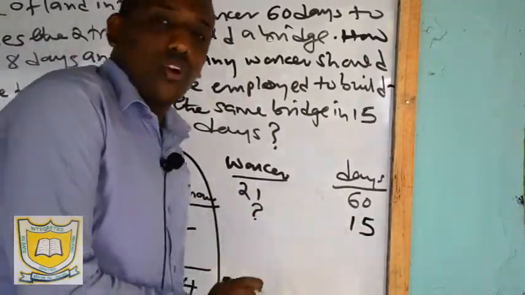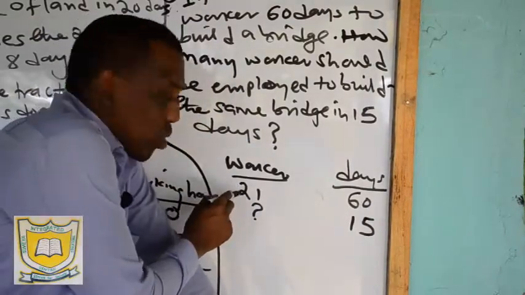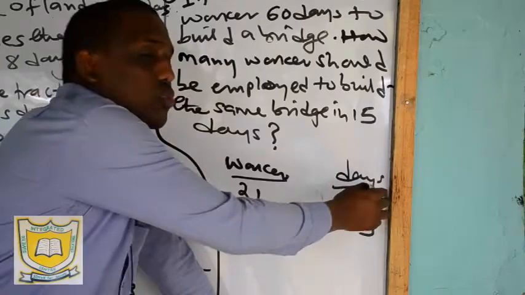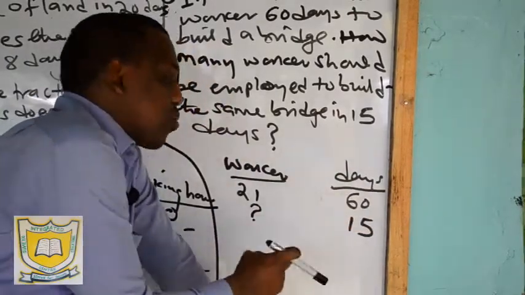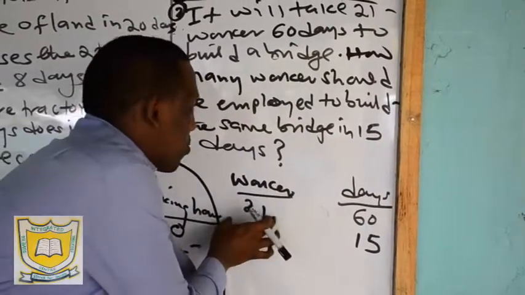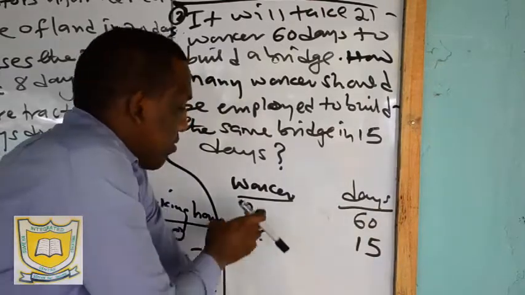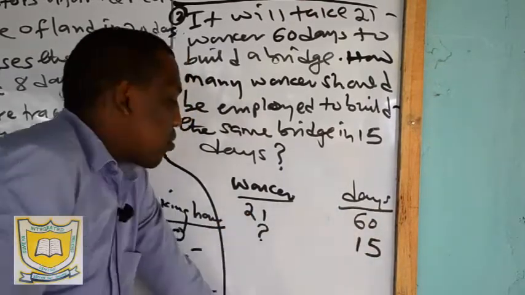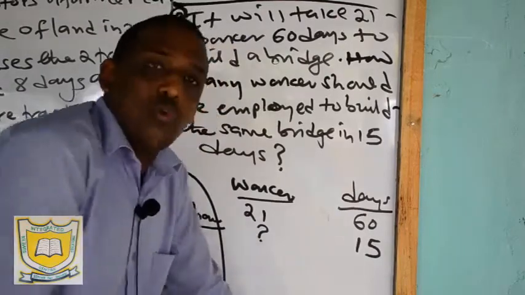Is this indirect or direct? For you to know your answer, you first ask yourself, there were 21 workers. The 21 workers took 60 days, 2 months. So they are told how many workers can finish the work within 15 days. So ask yourself now, if 21 men finished the work in 60 days, then you are told there was a certain number of men who finished the work within 15 days.